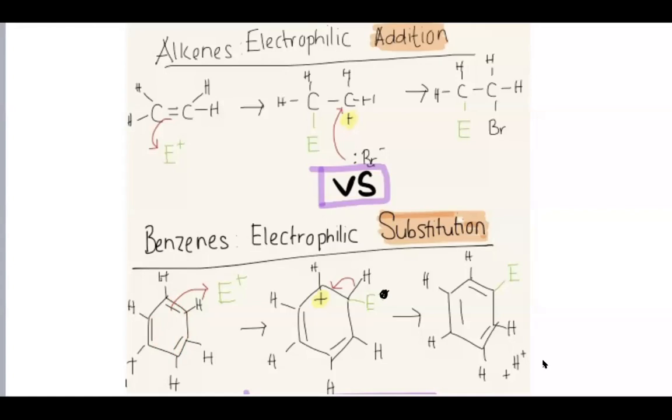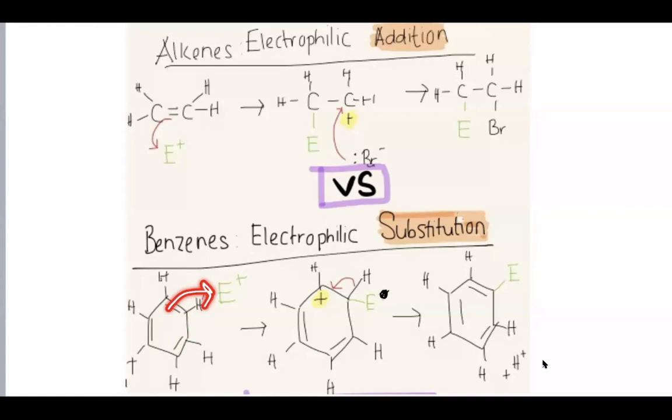You can choose any of these 3 double bonds. Personally, I like to use the top right double bond. Just personal preference. Same thing, the double bond, which is rich in electron density, will attack the electrophile. It donates its electrons to that electrophile.